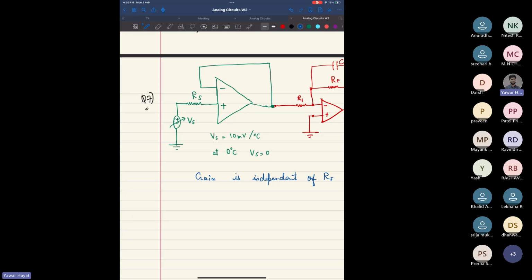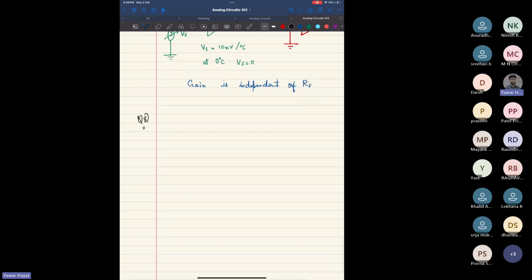Now, question number 8. Find the gain of the circuit shown below. Assume R1 equal to R3 equal to 1 kilo ohm. And your R2 and R4 both are equal to 10 kilo ohm. Now, what would be the gain of this circuit? Okay, I don't have that screen share, so I need to. Okay, this is what I'm talking about. Because this is VI.